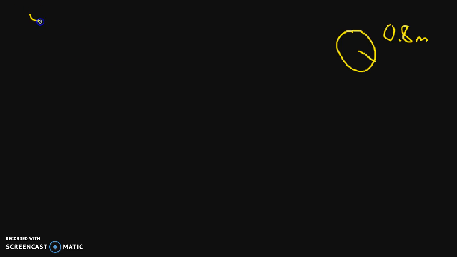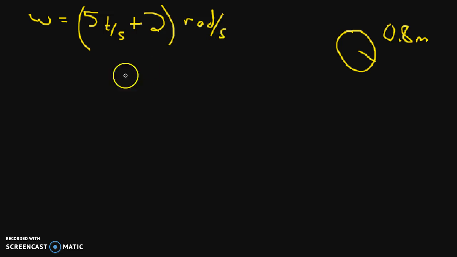You're given omega is equal to 5t, and as you've noted, I like to divide by seconds so that I can have a unitless number there, and then plus 2, and this whole thing ends up being in radians per second. What it wants to know is what is the acceleration, that's an a, and the velocity of point A, and it draws a point over here.